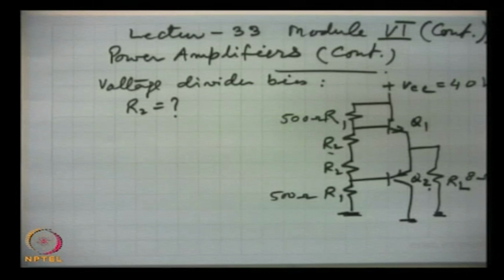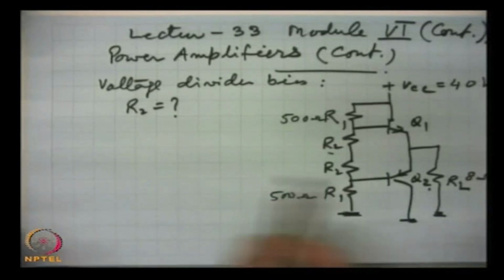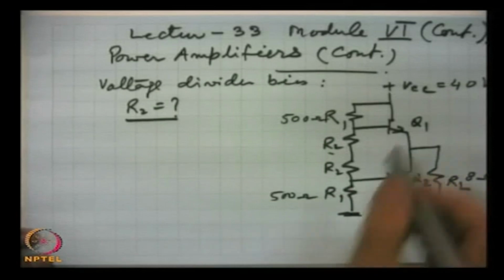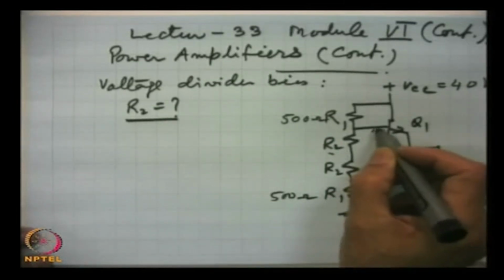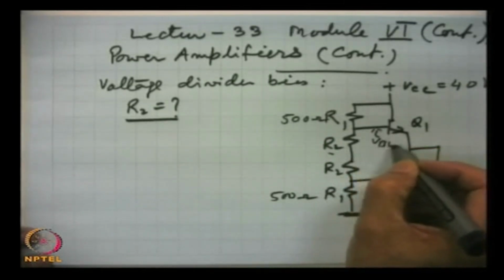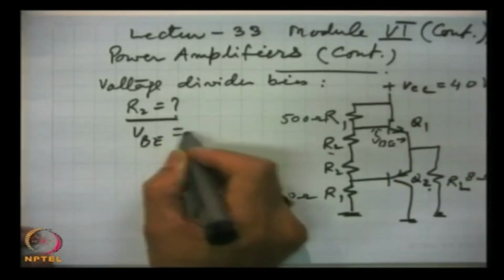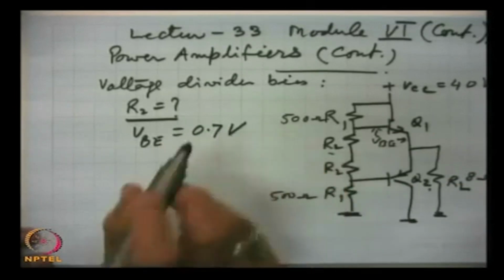Loudspeakers, for example, are of 8 ohms, 4 ohms, 16 ohms, like that, and we have to find out the value of R2 to provide this voltage VBE equal to 0.7 volts.